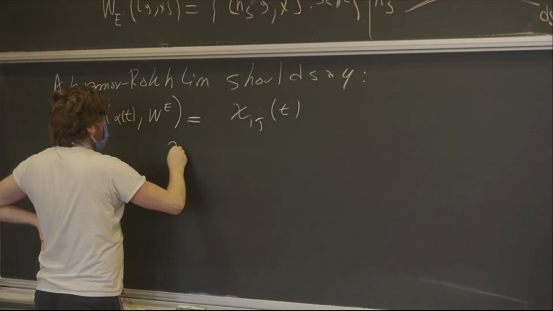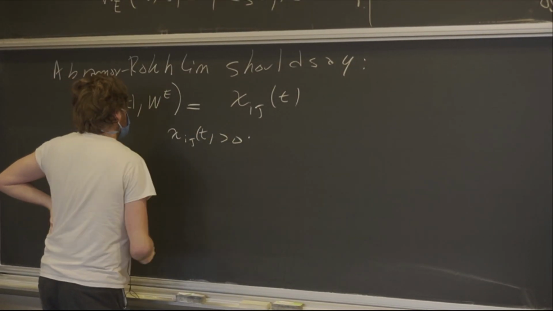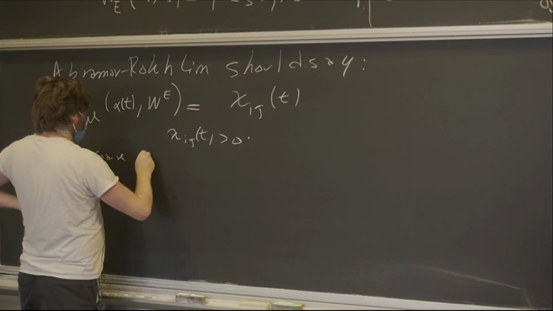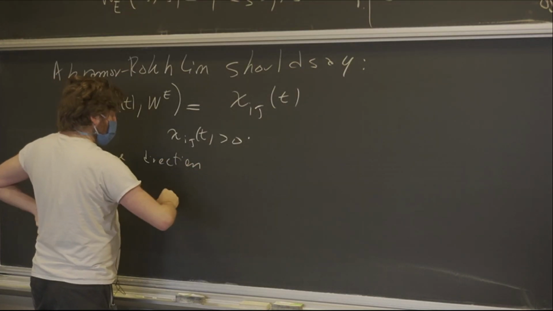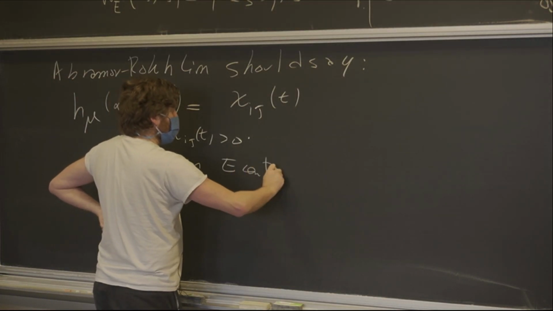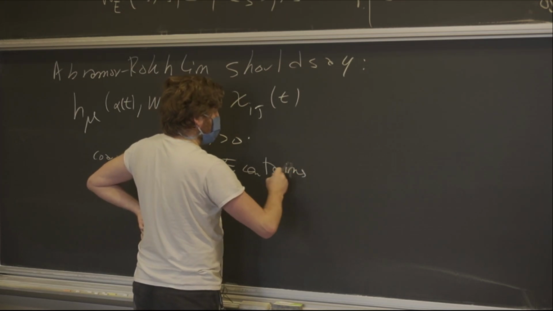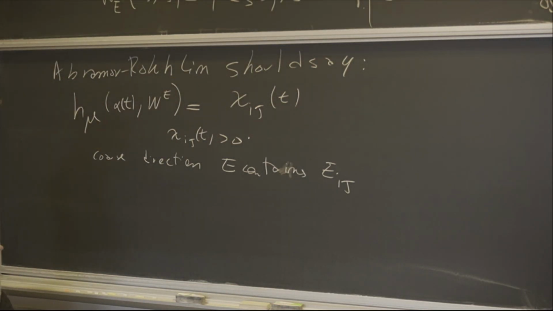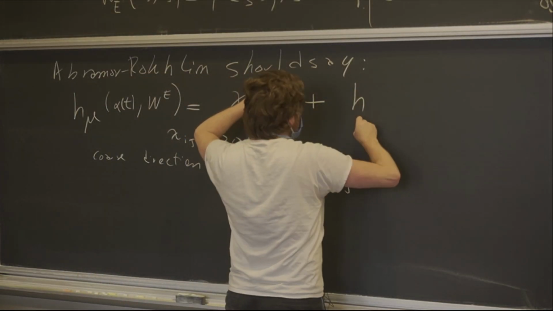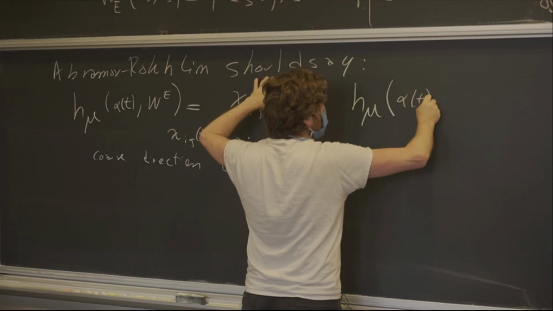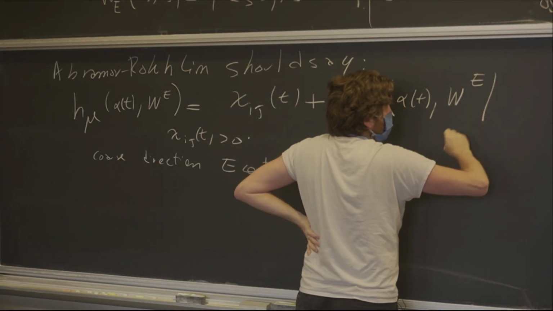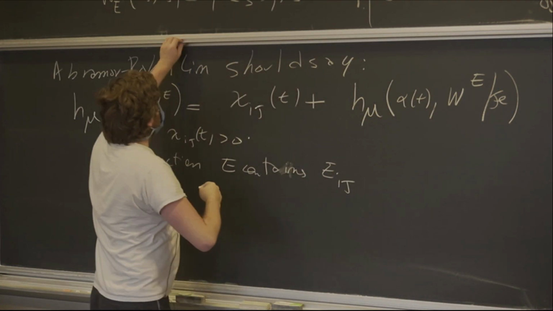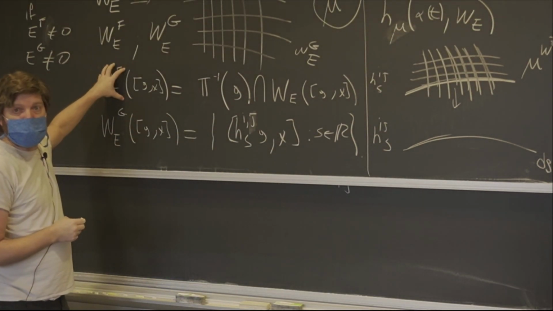So again, assuming t is positive, and here assuming the coarse direction E contains this Eij direction, then this should be this base plus some fibered entropy of WE subordinated with the fibers of the foliation, but this, by the very definition, is this, is WEF.